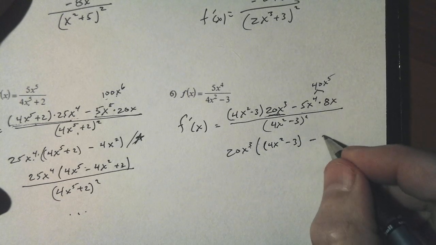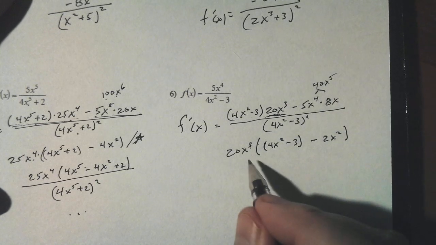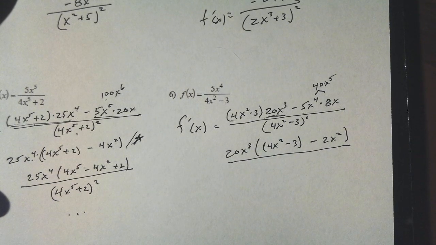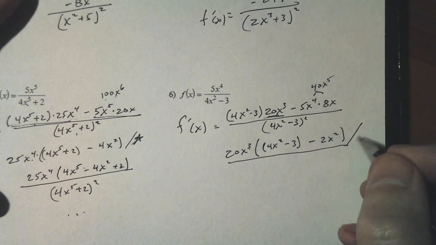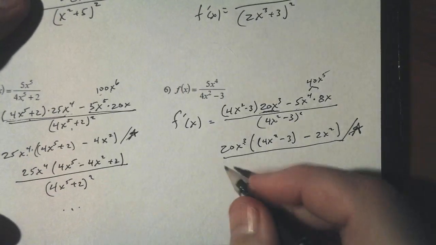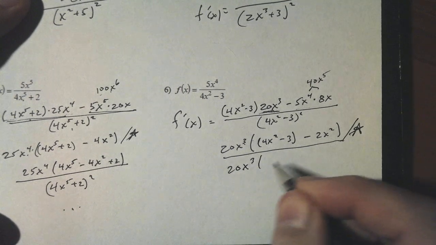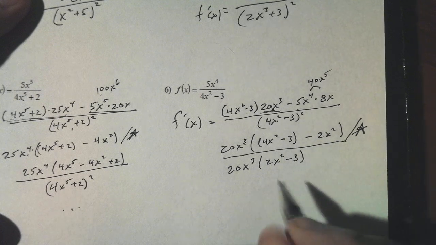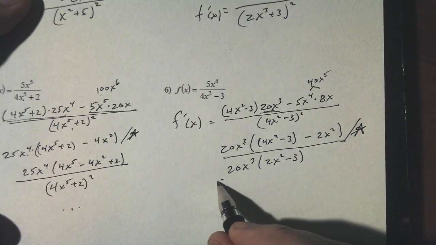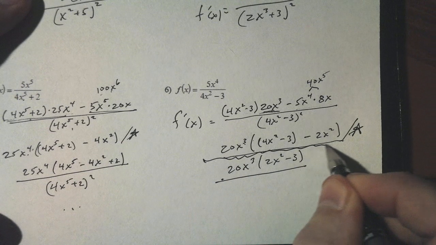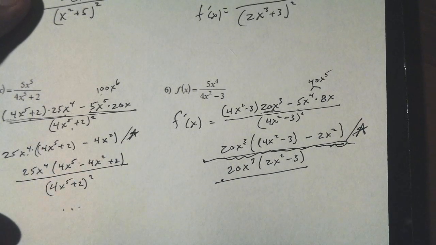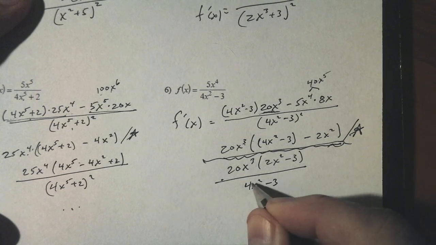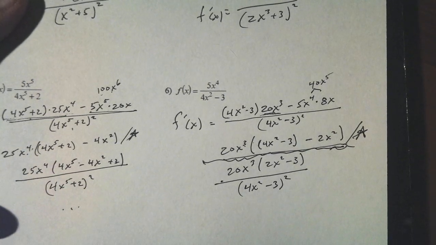I need a 2x squared. All on the square of the thing below. I'll just do my on star here. So that gives me 20x cubed times 4x squared minus 2x squared, 2x squared minus 3. Sorry, that blends into that fraction. That is a fraction too much. All on the square of the thing below, so all on 4x squared minus 3 squared, and we've got it.